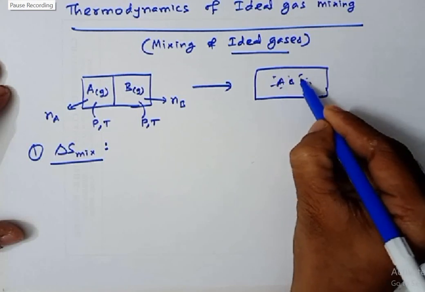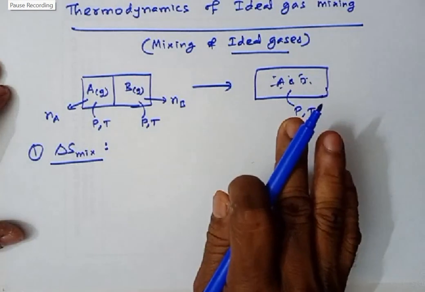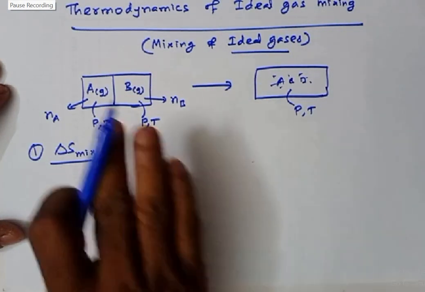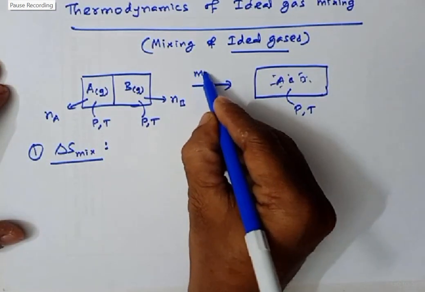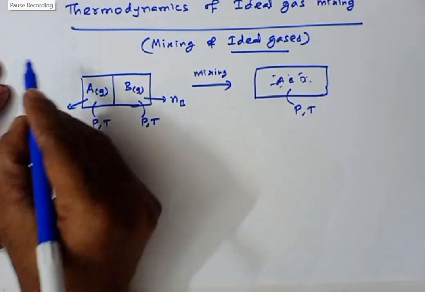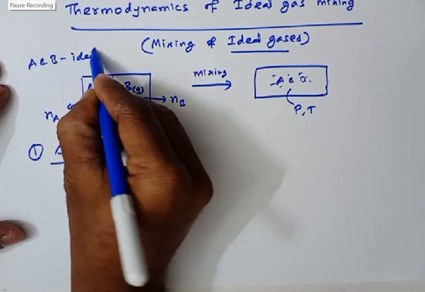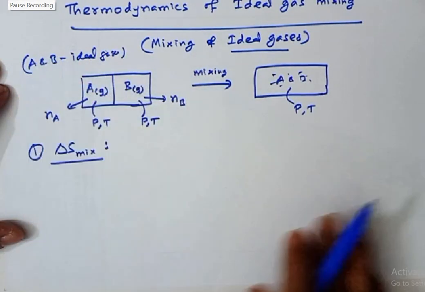Assume that the final pressure and temperature are also the same, that means pressure remains constant during this mixing. We are mixing gases. Here A and B are ideal gases. Remember, that is very important. We are mixing ideal gases.